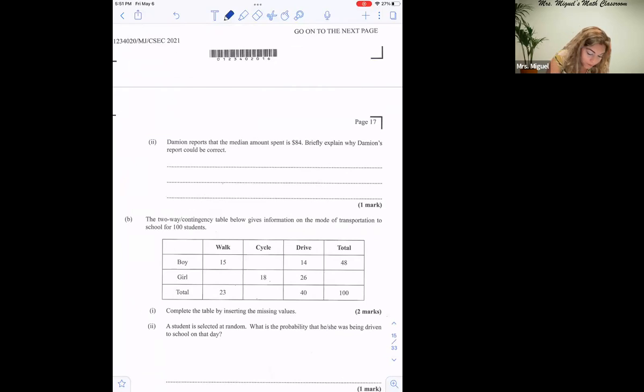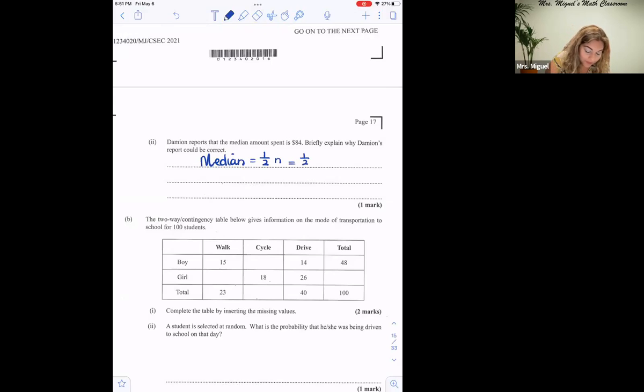Damien reports the median amount spent is $84. Briefly explain why Damien's report could be correct. And this is 1 mark. So the median is half of n, but we know there are 100 students in the survey.